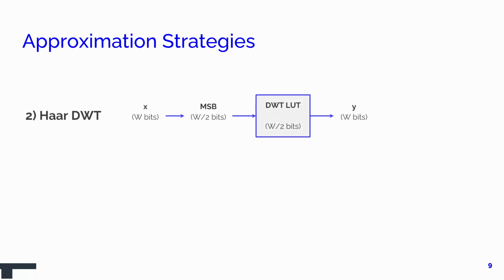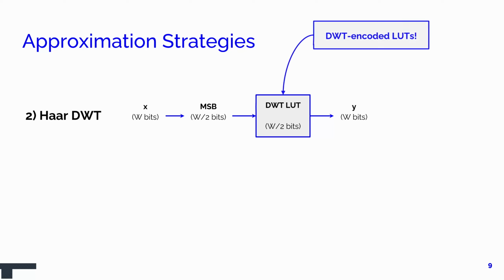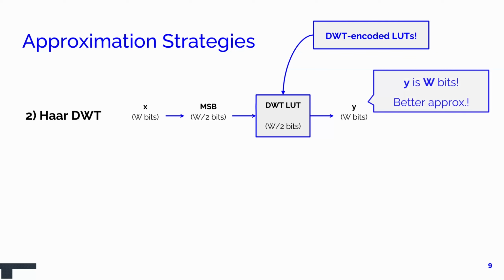Now, putting in the DWT and the lookup table protocol, we end up with our first variant, which is hard DWT, where starting with, let's say, 32 bits, we can keep the MSBs. And now, instead of looking up any lookup table, we look up a DWT-encoded lookup table. The difference with before is that here the output is 32 bits again. So this effectively yields a significantly better approximation already.